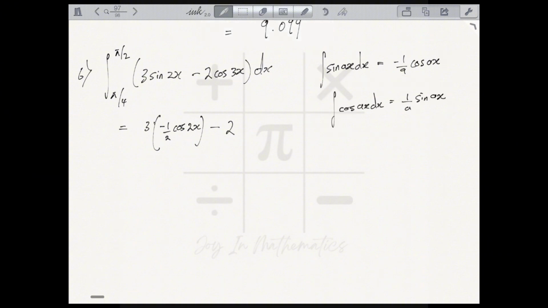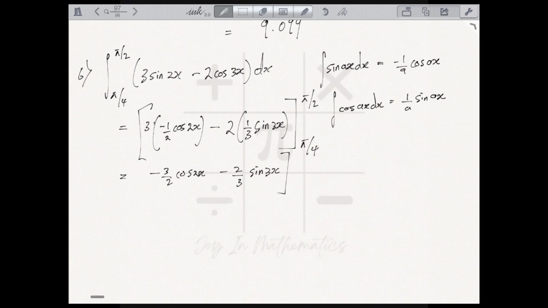Our answer will be minus 1 over 3 sine 3x. And we apply our limits from pi over 4 to pi over 2. Therefore, this will give us minus 3 over 2 cos 2x minus 2 over 3 sine 3x from pi over 4 to pi over 2.